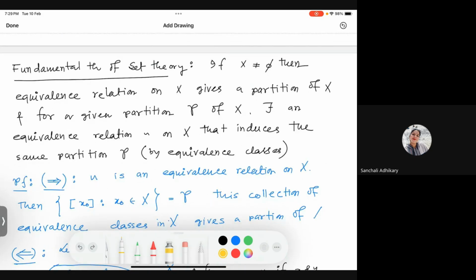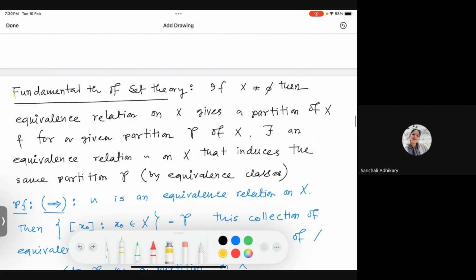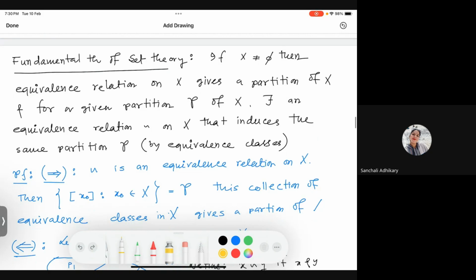Now, is there any relation between partition and equivalence relation? Is there any relation? This relation is called the fundamental theorem of set theory. What is this? First, take a non-empty set. For every equivalence relation, you will get a partition.